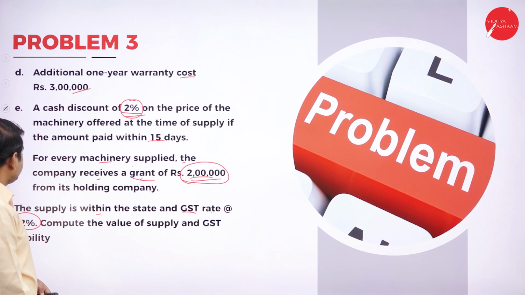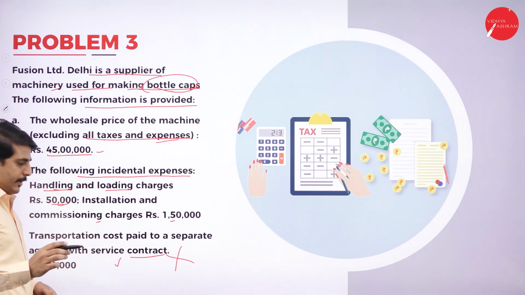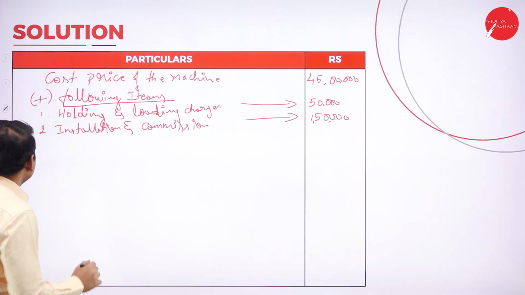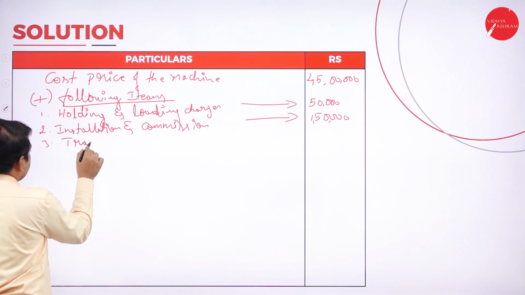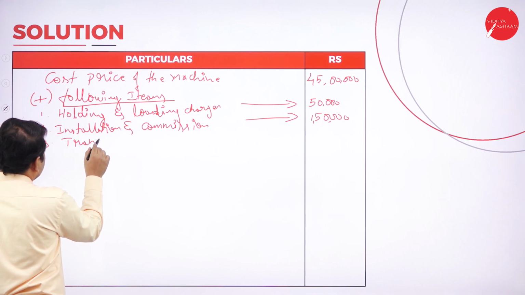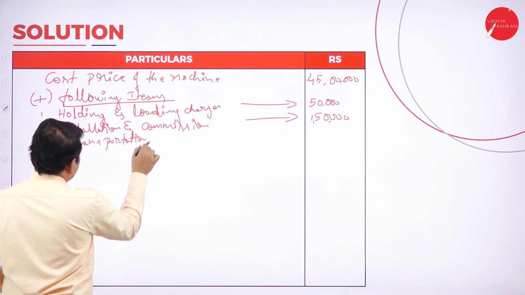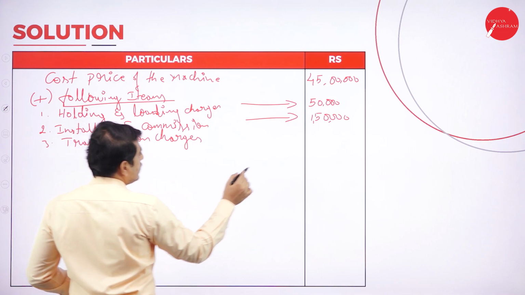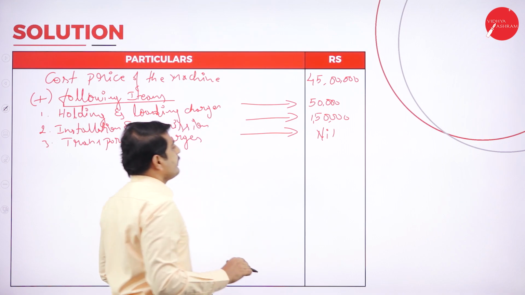Next one, transportation cost paid by separate agency. He is a third person, we should not consider. So third one, transportation charges, so it is nil, we should not consider transportation charges.